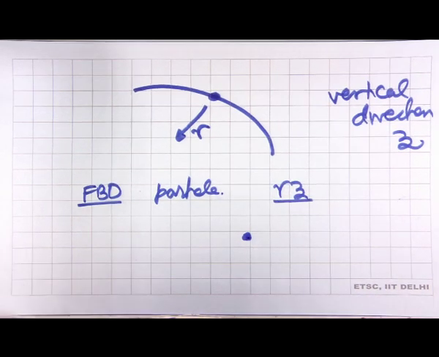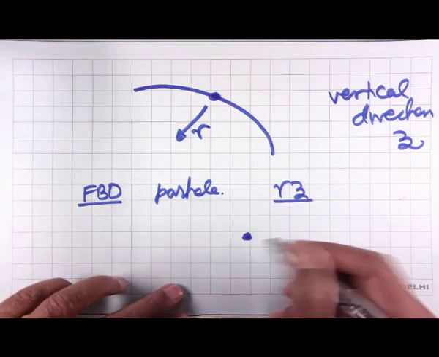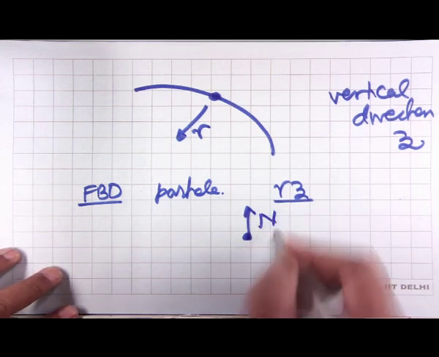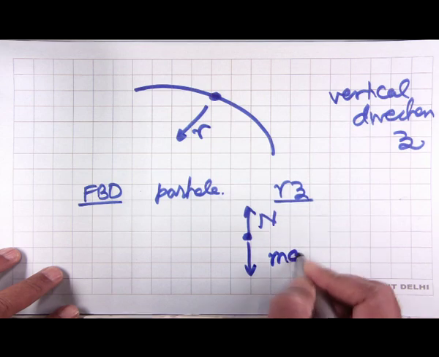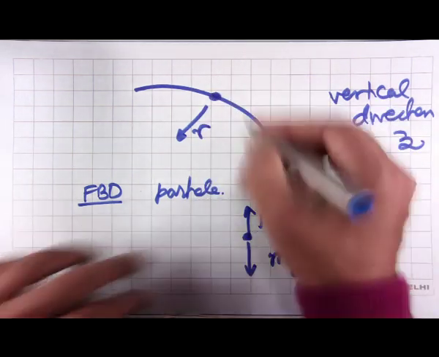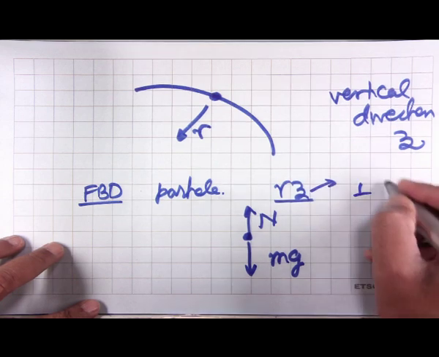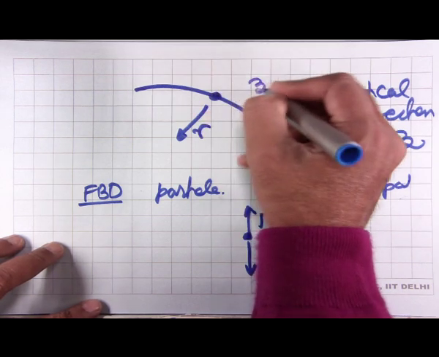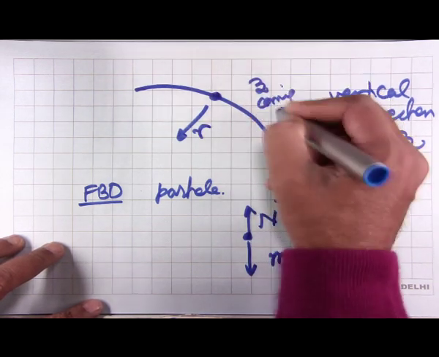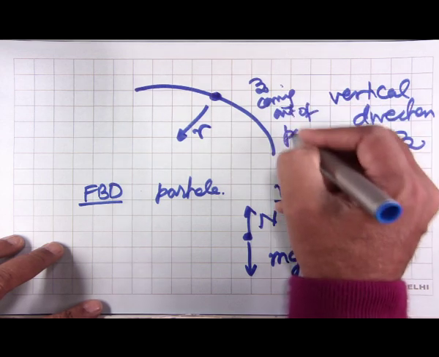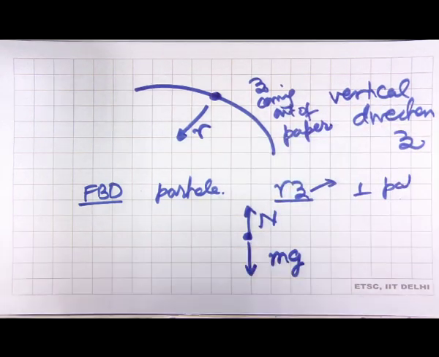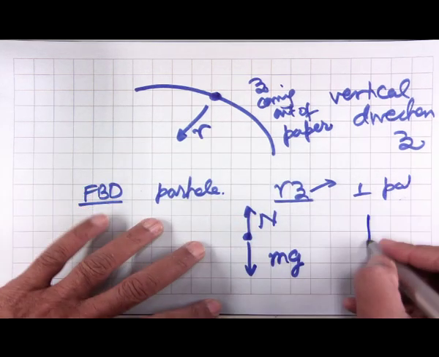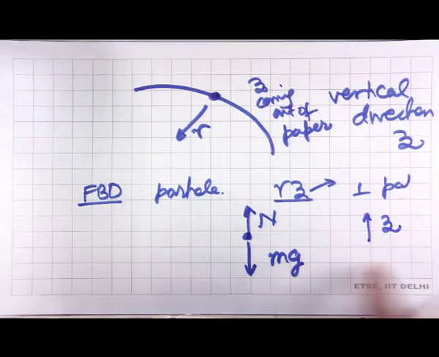In the Z direction, we have the normal reaction and the weight. So, here Z is coming out of the paper, and I am looking at the free body diagram.